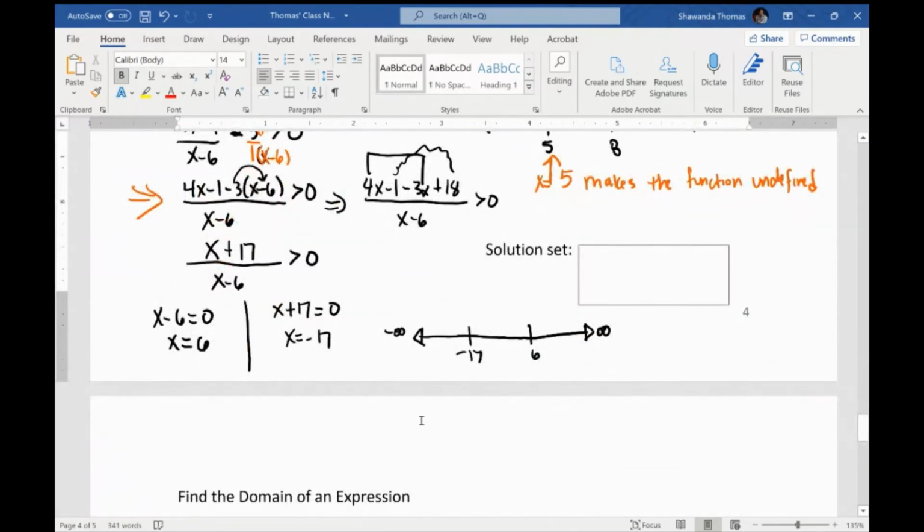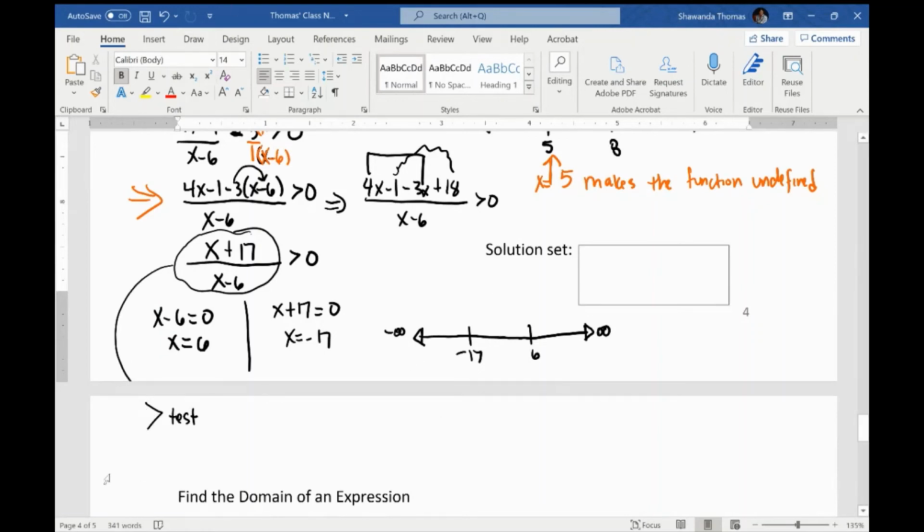All right, for the first interval, ultimately, do we get positive values or negative values? We got different answers. Okay, I want you to plug it into this right here. What number y'all want to choose? I chose negative 18.